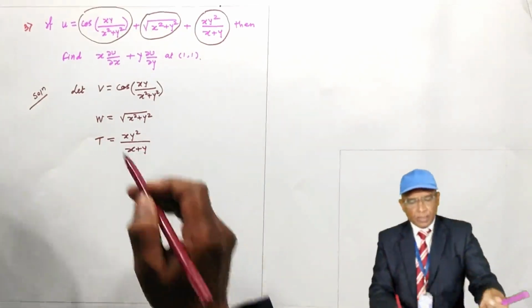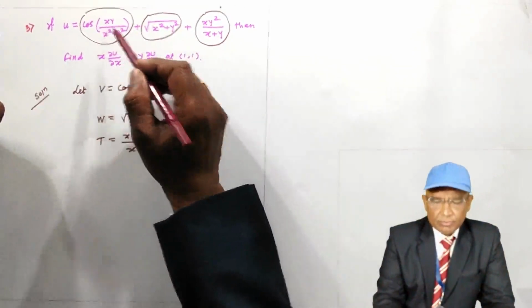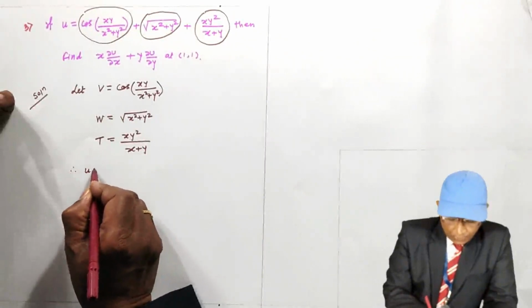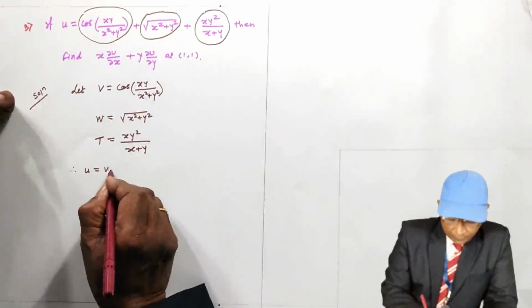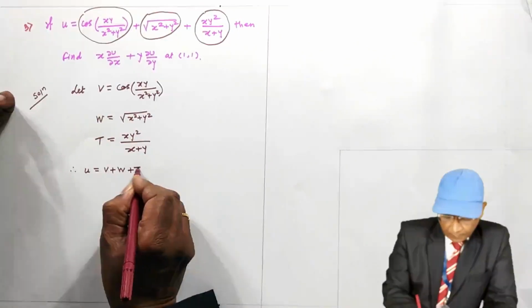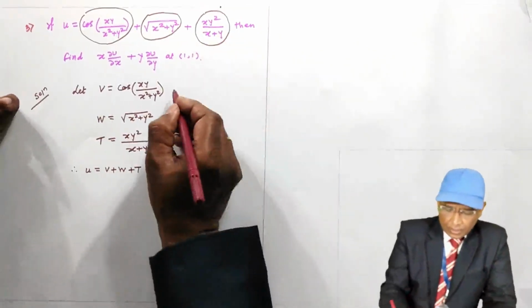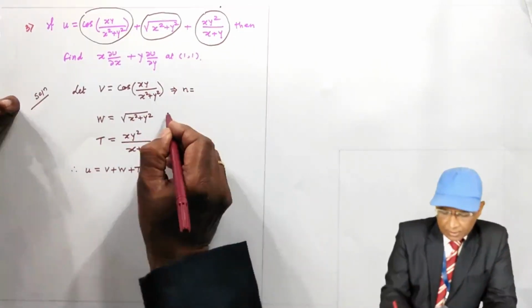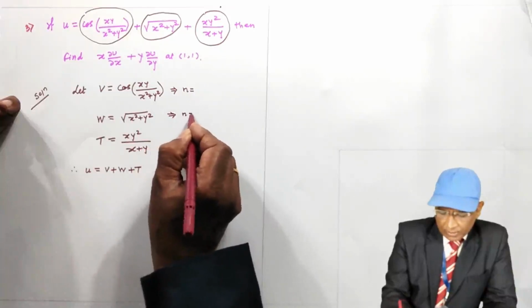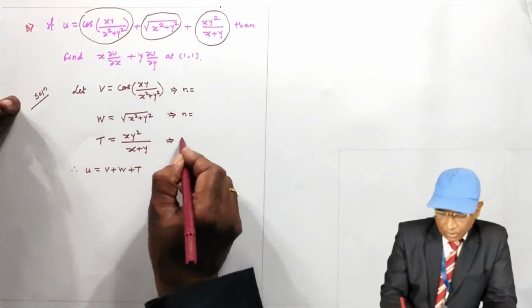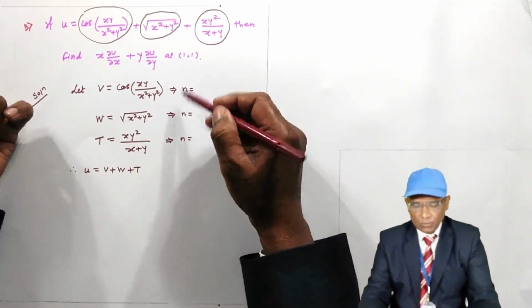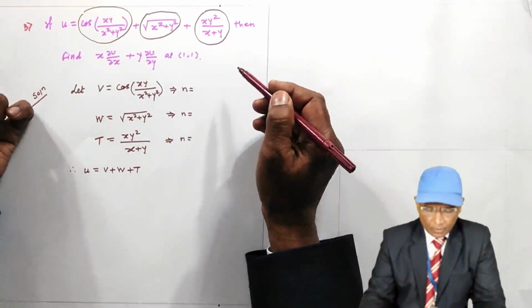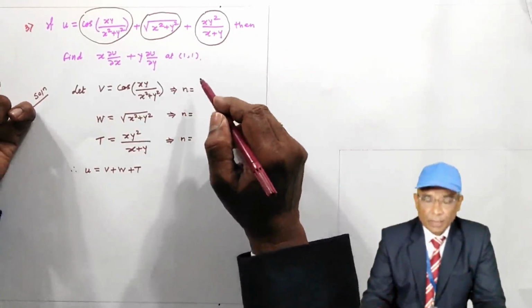If this is v, this is w, and this is t, therefore u becomes v plus w plus t. Here I am going to find value of n. Here also I will be finding value of n, and for t also I will be finding value of n. Instead of n, you can write here n1, n2, n3 also. It is your choice.